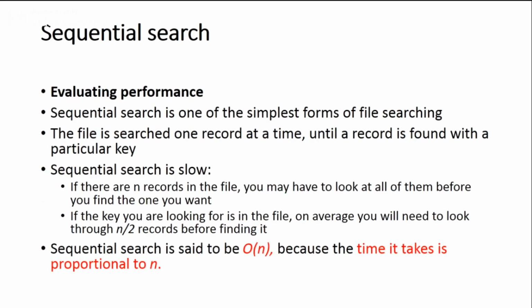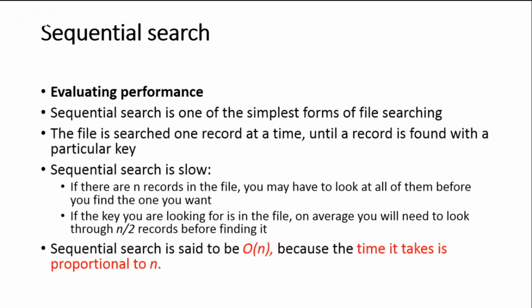Next, we are going to study sequential search. We know what sequential search is. It starts from the beginning and goes through each and every record one by one till the end. When you reach the particular record you want to access, it stops its process.